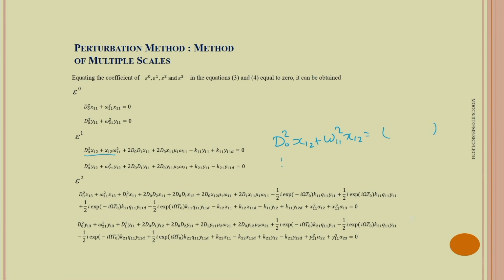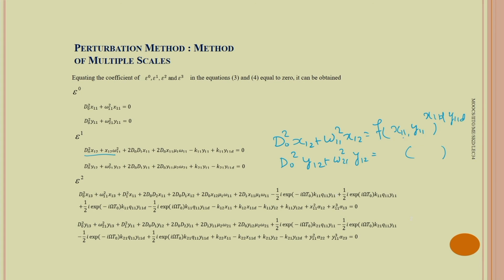Similarly, the second equation can be written as d0 square y12 plus omega 21 square y12, and the other part shifts to the right hand side. You can note that this other part is a function of x11, y11, x11d and y11d.